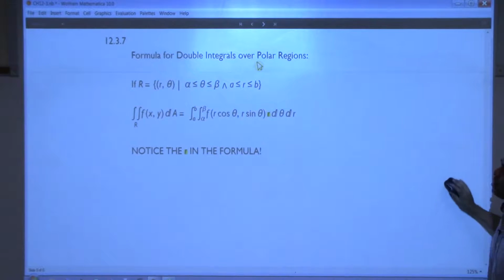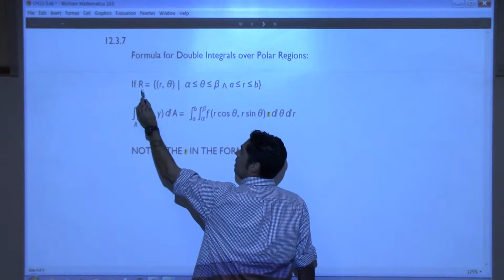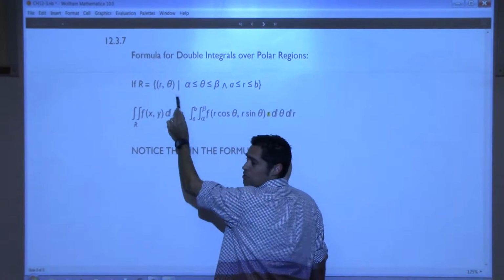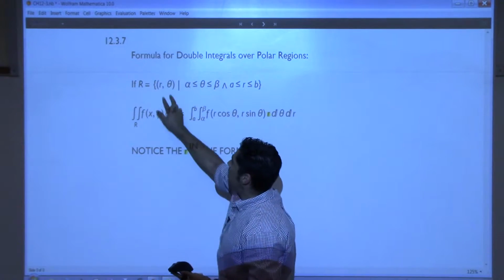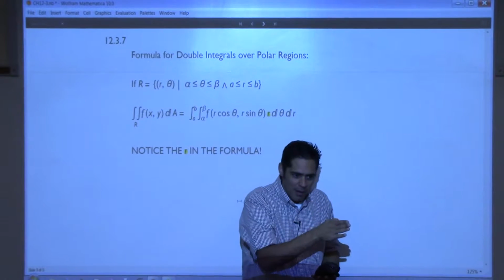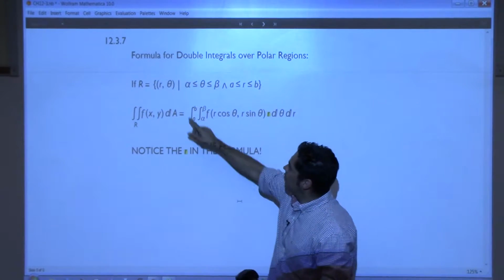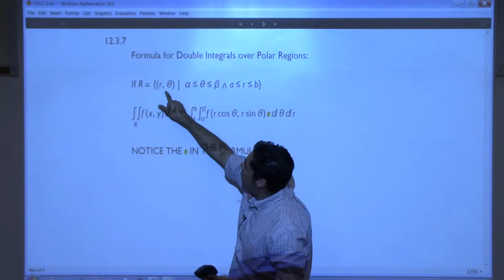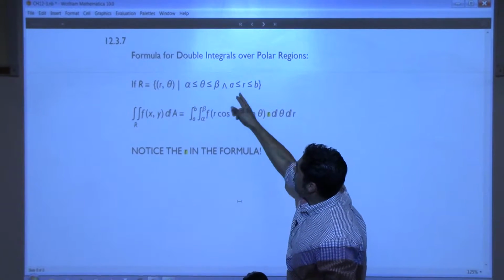So here's the summary. If we want a formula for a double integral over a polar region, where our region is defined as all points in two-dimensional space given by r theta. Now be careful, r theta here is not an x and a y, right? It's a distance you walk and it's an angle you turn. It's all the points defined by those two conditions where your theta is between alpha and beta, your r is between a and b.